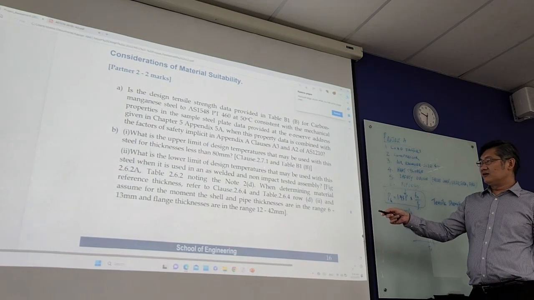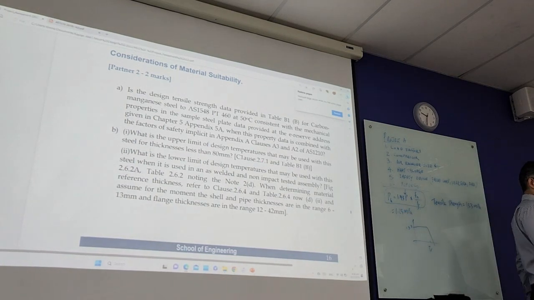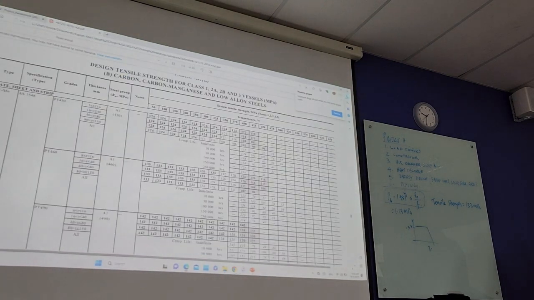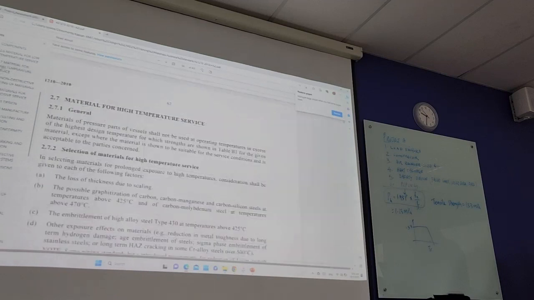Then we go to clause 2.7.1. Clause, the material for high temperature service.